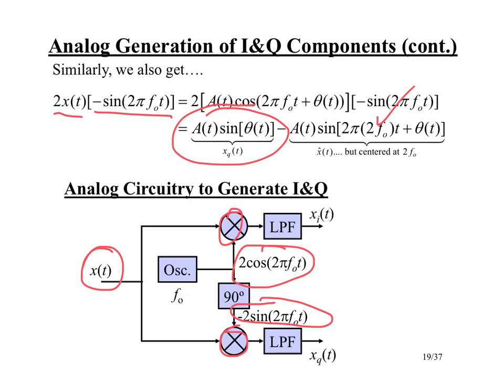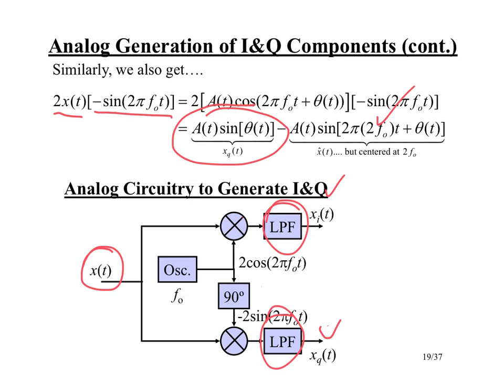So that gives us that operation of multiplication, and it shifts things down to DC, but also shifts up to 2f0. And then we build a low-pass filter on each of these legs, and so this low-pass filter will pass the I component, and this low-pass filter will pass the Q component.